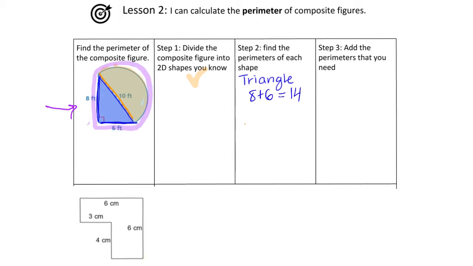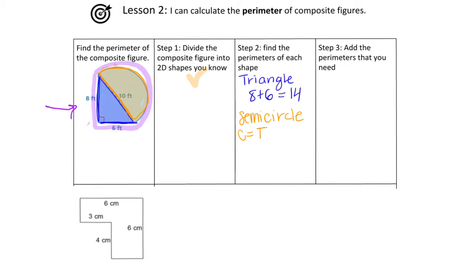Then I need to find the circumference, or the perimeter, of the semicircle. So this one in orange. Take a second and write down the formula for the circumference of a circle. Okay, nice job.